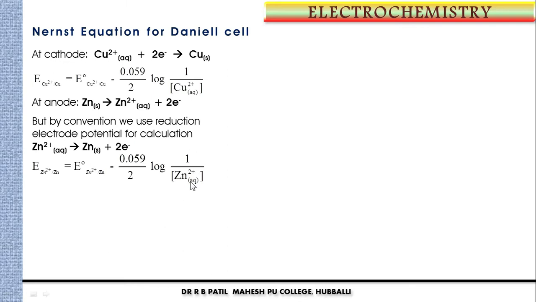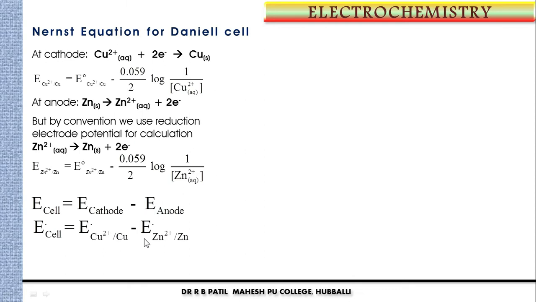Okay, so what is E cell? Electrode potential in a Daniell cell is E cathode minus E anode. Which one is the cathode? Copper half cell is the cathode, minus the zinc half cell. Am I correct? Now let us substitute these values. Electrode potential of copper from here, electrode potential of zinc from here.